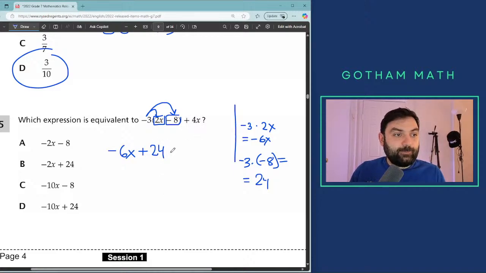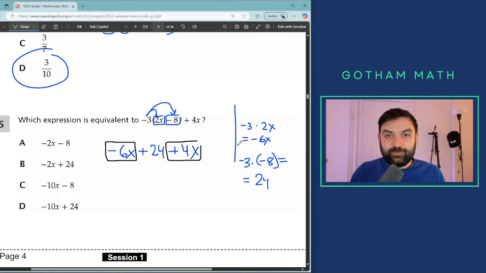And then we just copy down the 4x. And now we need to perform something that's called combining like terms. So what are the like terms here? The like terms here are -6x and positive 4x that we have to smoosh together. So how do we smoosh together -6x and positive 4x? Well, we just do what they say, like nothing is in between them.